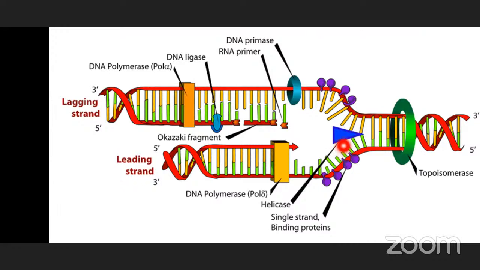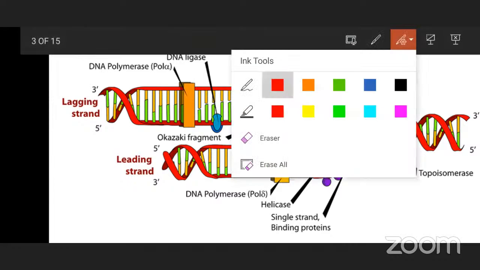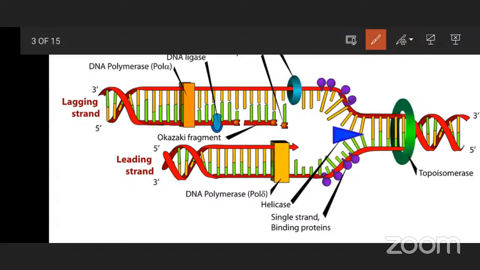The helicase enzyme can unwind the double helix of DNA. The DNA molecule is present in a double helical structure, so these two strands are separated with the help of the helicase enzyme.